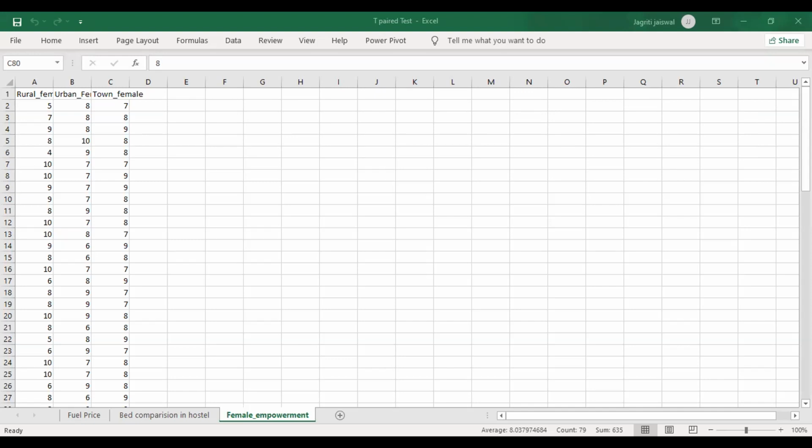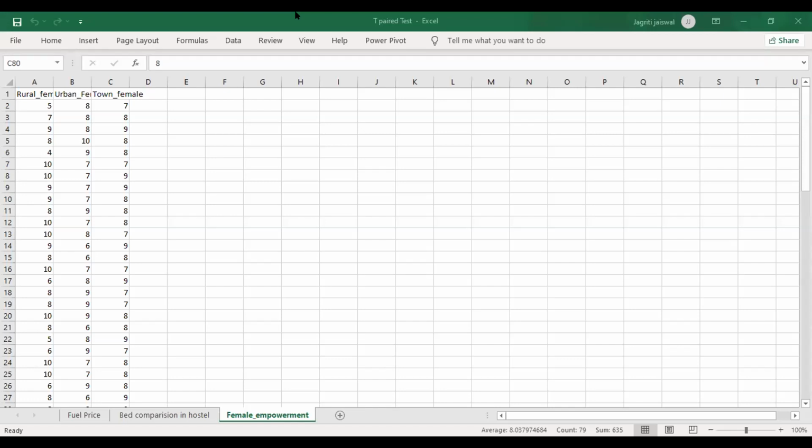Okay, so we have this data, and we can again go to the Analyze section, Compare Means. The independent sample test is basically for two groups. When we have more than two independent samples, we open one-way ANOVA.